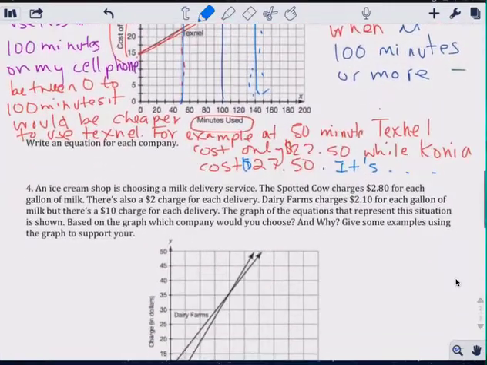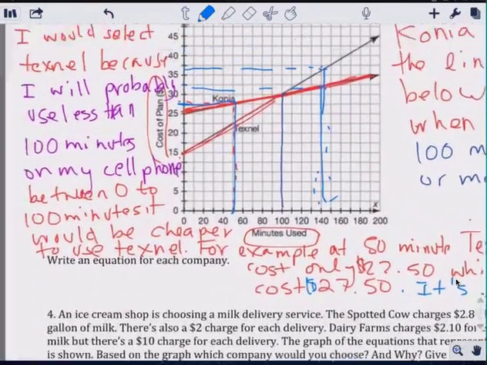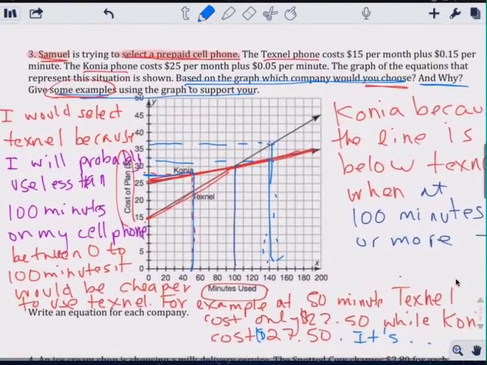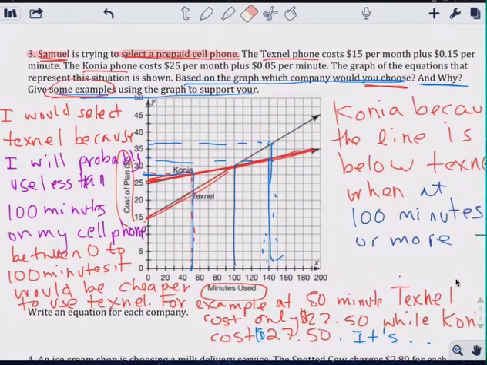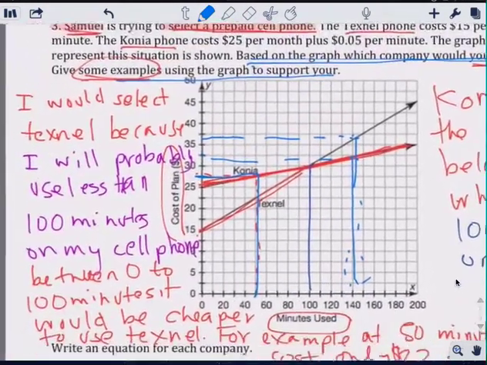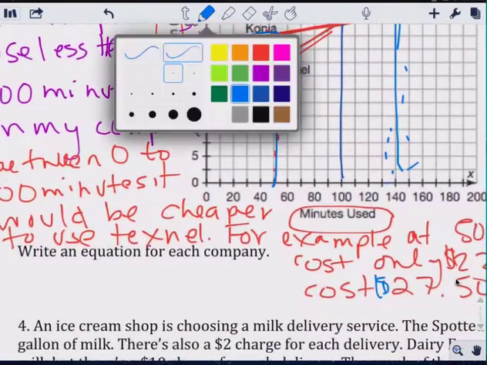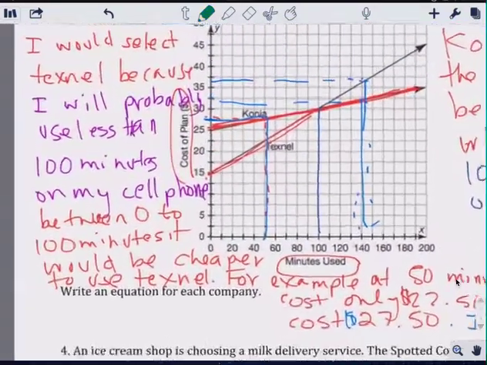And then write an equation for each company. So for the first one here, I shouldn't have deleted any of those. Anyways, Kanye. Let's change color so you guys can see better.